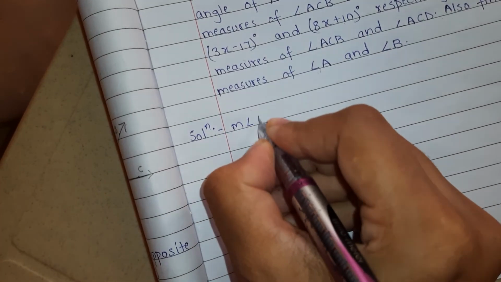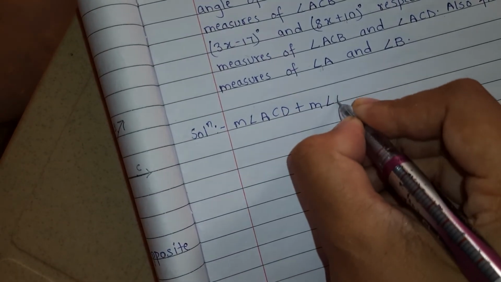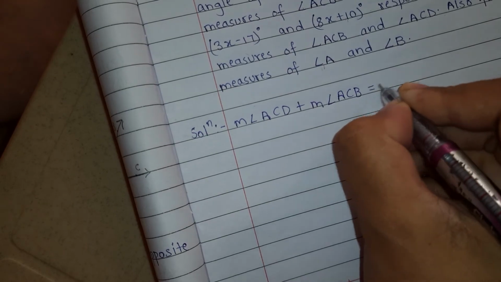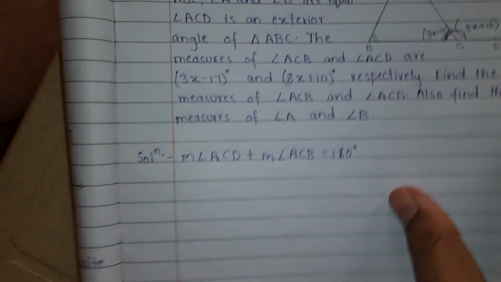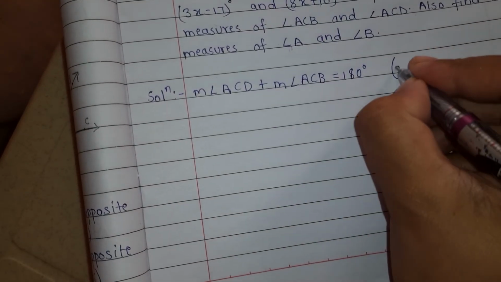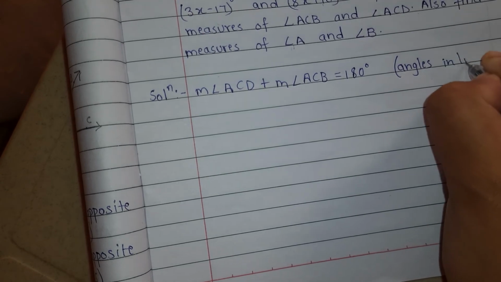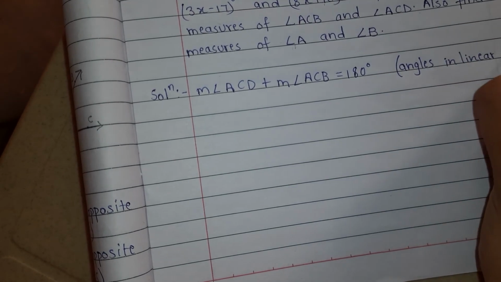Measure of angle ACD plus measure of angle ACB equals 180 degrees. The sum of these angles is 180 degrees. What is the reason? The reason is they are angles in a linear pair.